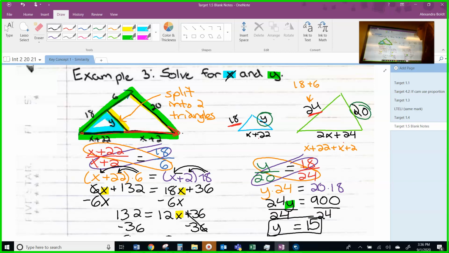So this problem was way easier with the algebra, but the setup was much harder. Where this one was easier with the setup, but then the algebra was much harder. So it's kind of a trade-off with some of these.